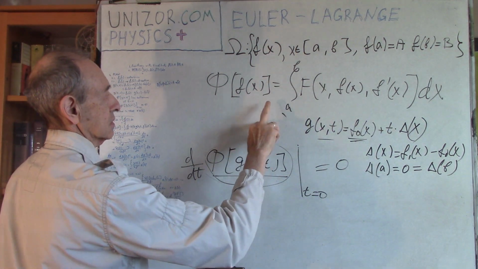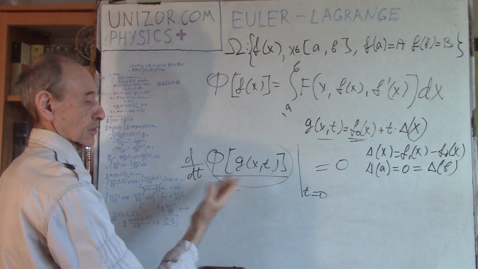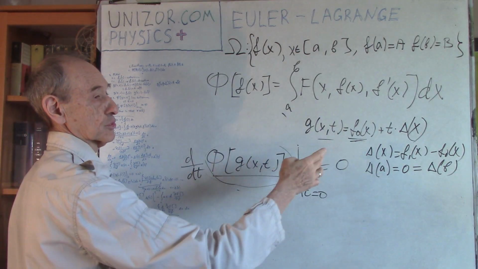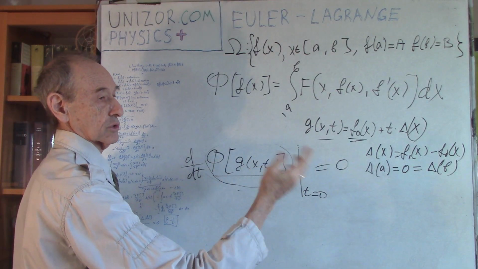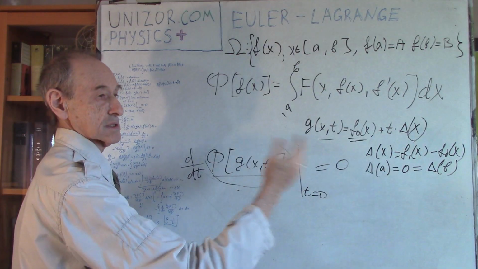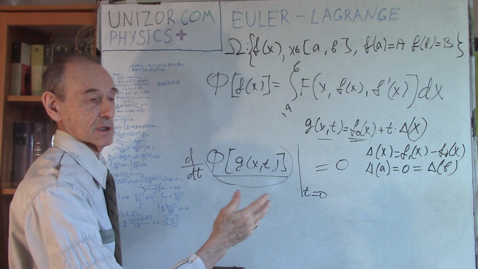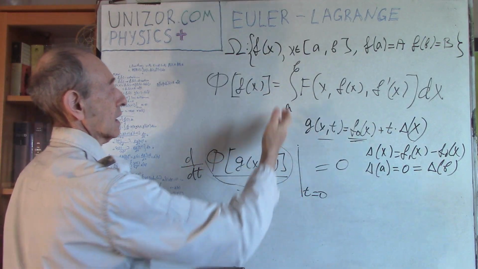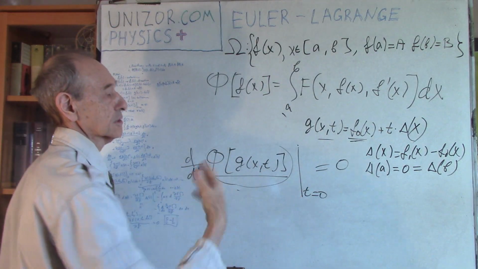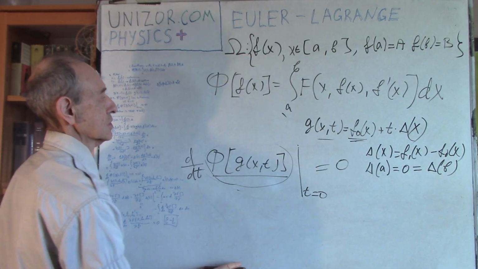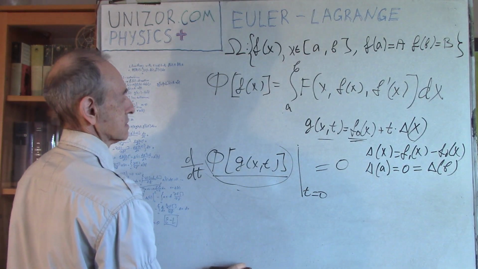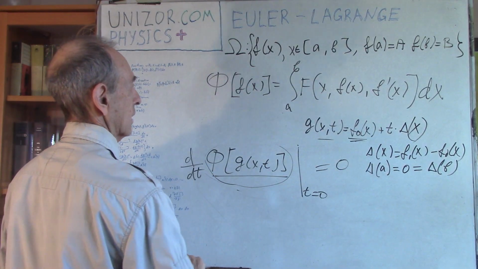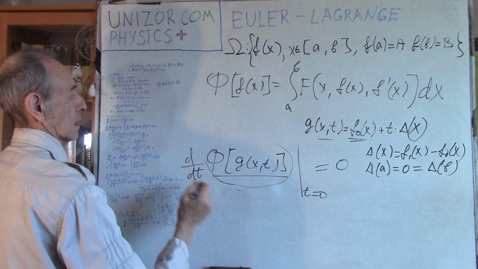So I can interchange. For example, if you have differentiation of a sum of two functions, you don't hesitate to put it as a sum of derivatives. The derivative of a sum is equal to the sum of derivatives. An integral is a sum, so integration by x and differentiation by t must be interchangeable. So I will put it inside.